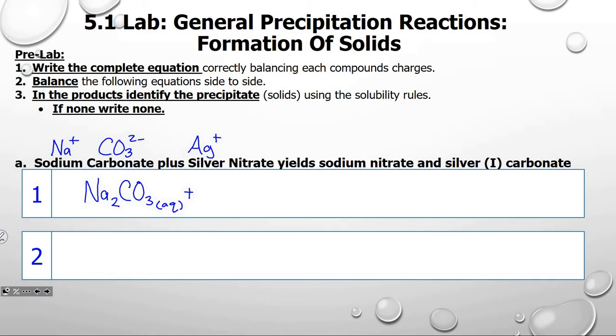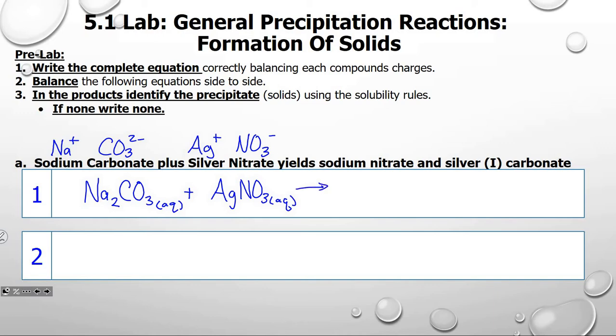Okay. Nitrate, that's on the back of your thing too. It's NO3 with a minus. So we have a +1 and minus what? We're just going to smash them together. AgNO3. And this one is also AQ.